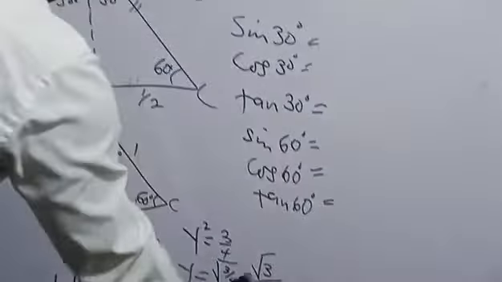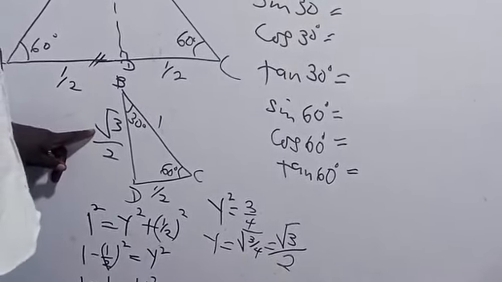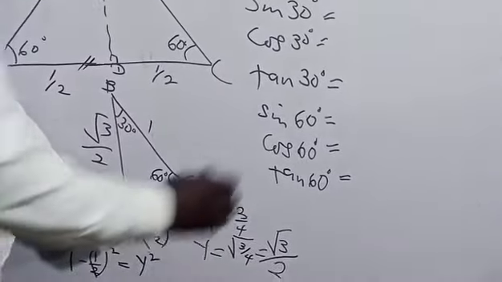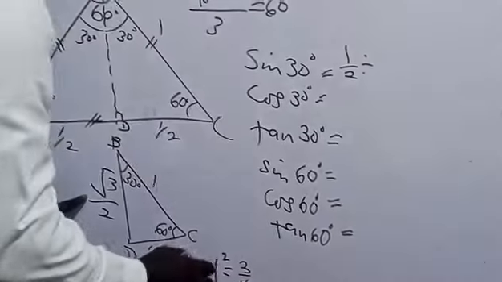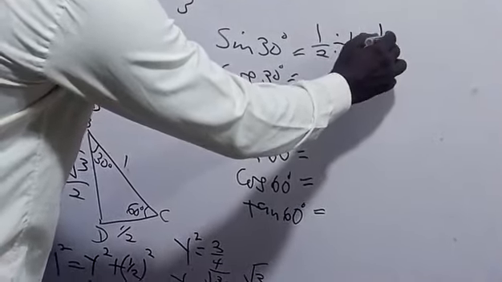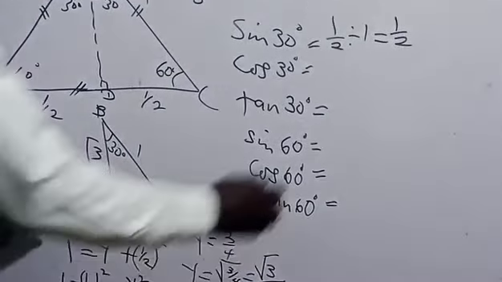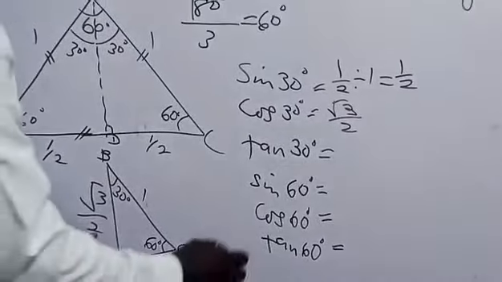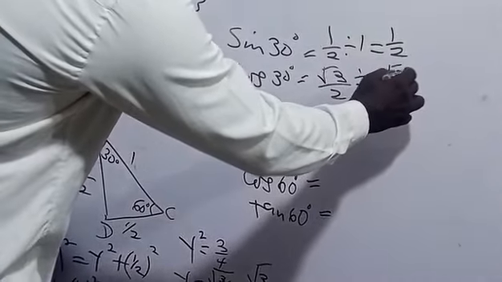It will now help us to find all this. For sine 30, sine 30 is opposite over hypotenuse. That is 1 over 2 divided by 1, which is the same thing as 1 over 2. Cos 30 is adjacent over hypotenuse. That will be root 3 over 2 divided by 1, which is equal to root 3 over 2.